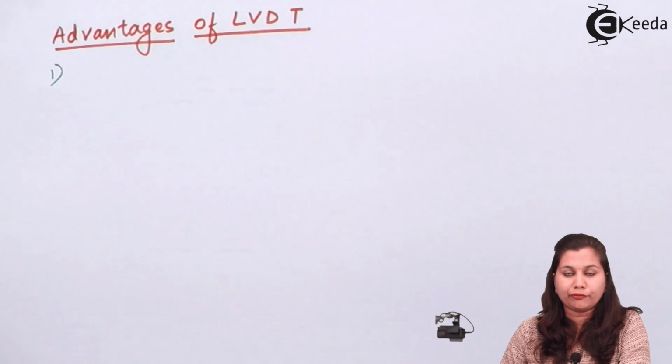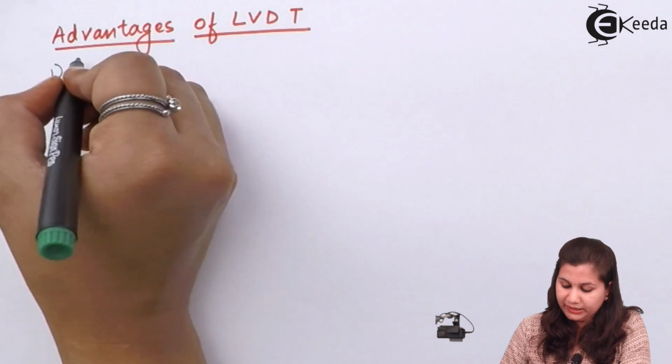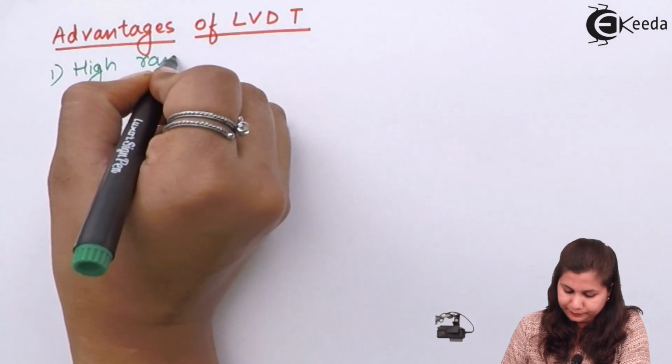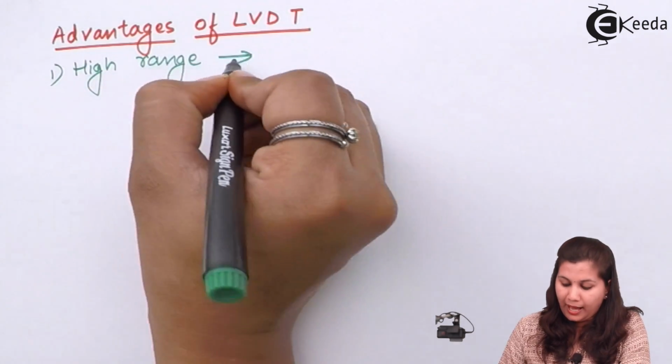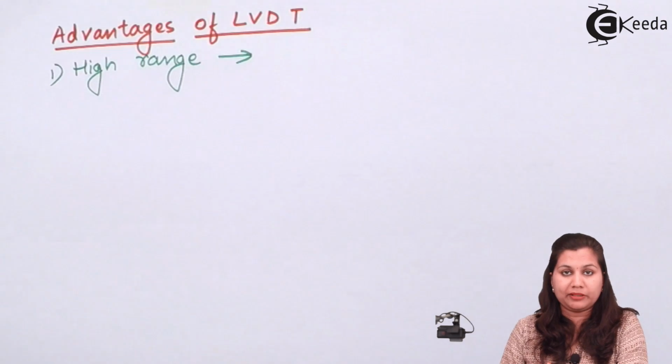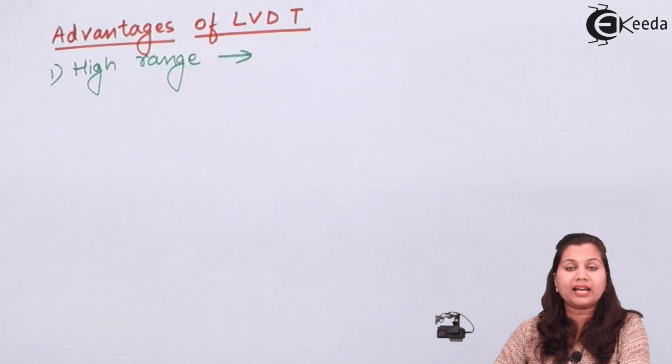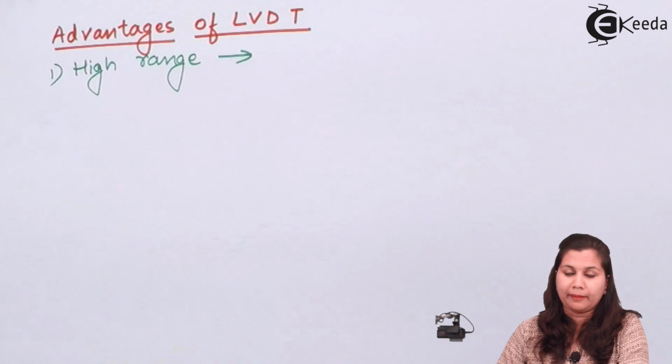The first and the foremost advantage of the LVDT is the high range. High range means that the displacement which we are measuring from the LVDT, it provides a very high range of displacement to be measured.